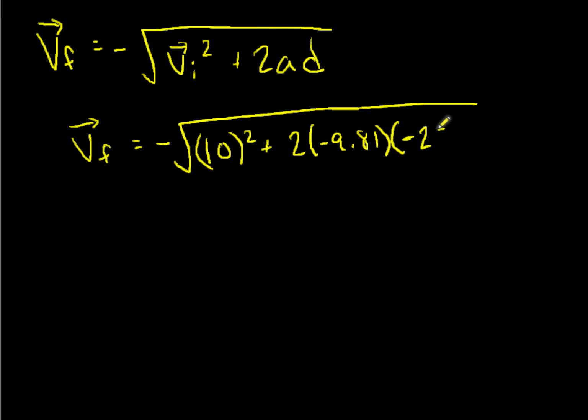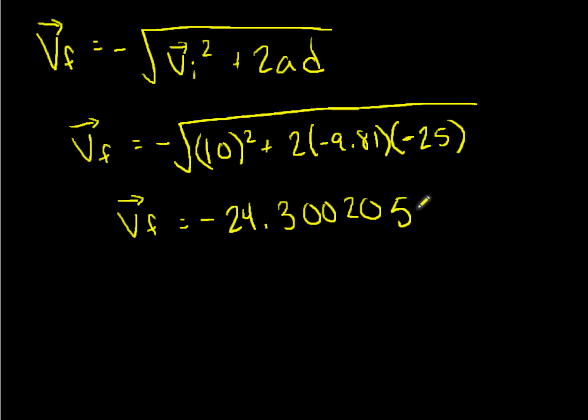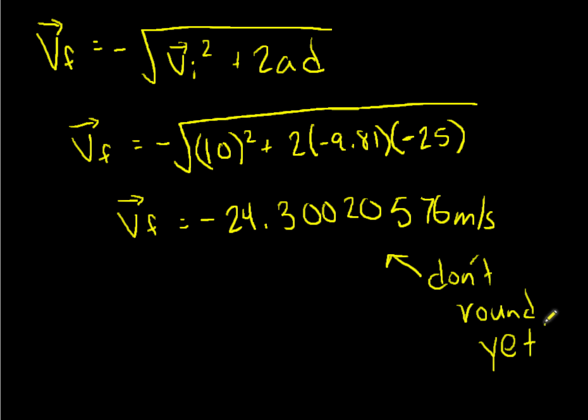The negative part of the 9.81 cancels out the negative part of the 25, and it actually changes what our calculation's result would be. Negative 24.300200576 meters per second is Vf. Don't round these intermediate answers. If you round too early, you're going to introduce error into your calculation. Save rounding for the very last.